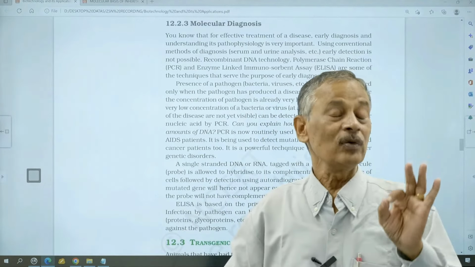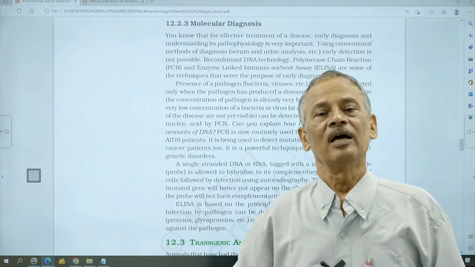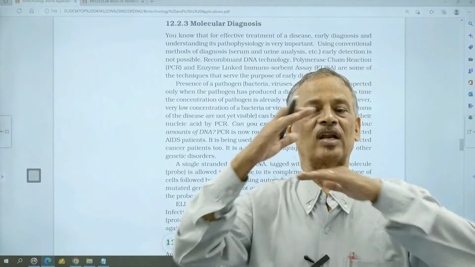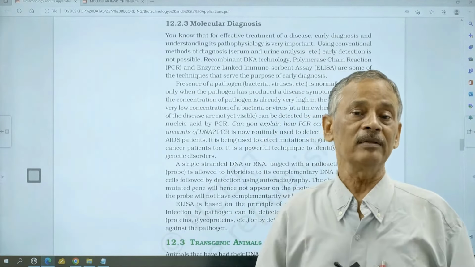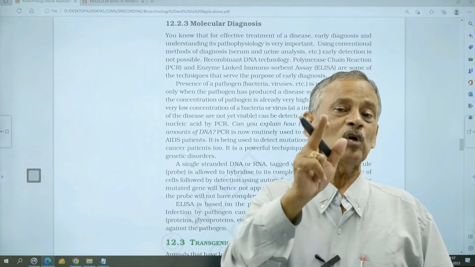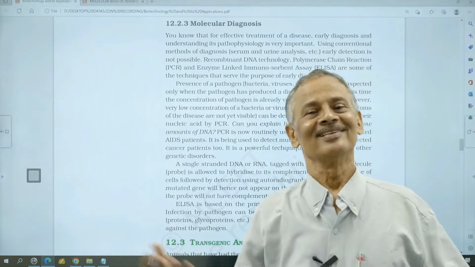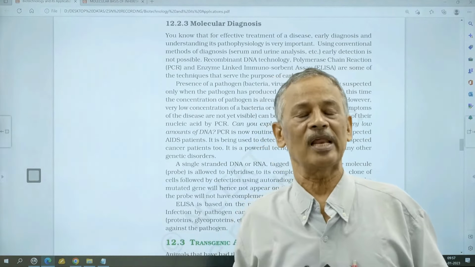And if bands are appearing in that X-ray film, that means the isotope is attached. Isotope is attached means your gene is normal. Nothing to be worried. Your gene is normal and healthy.